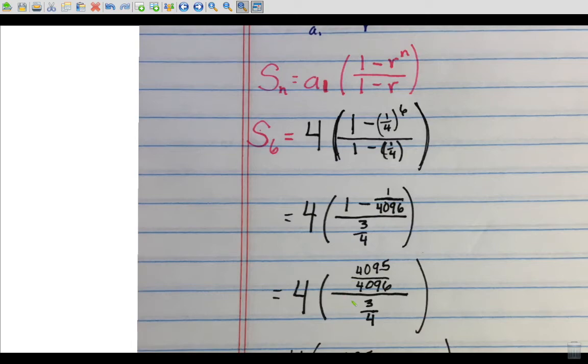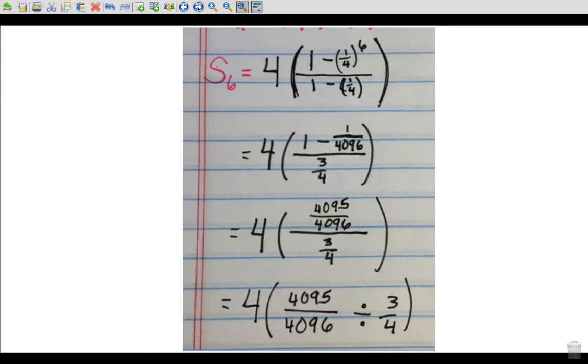Next step is to simplify this big ugly fraction that has a fraction in the numerator and a fraction in the denominator. I'd prefer to look at it as a division problem where this big fraction bar represents division. So I'm still in my parentheses, new page, and I'm taking my numerator divided by the denominator.